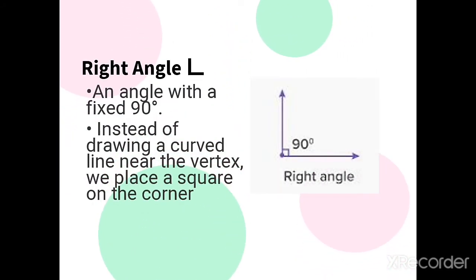Now we have the symbol for a right angle. Its symbol looks like the letter L. A right angle is an angle with a fixed 90 degrees. Instead of drawing a curved line near the vertex, we place a square on the corner. As seen in the examples, this symbol and also the angle and measured angle symbols are placed before two named rays.